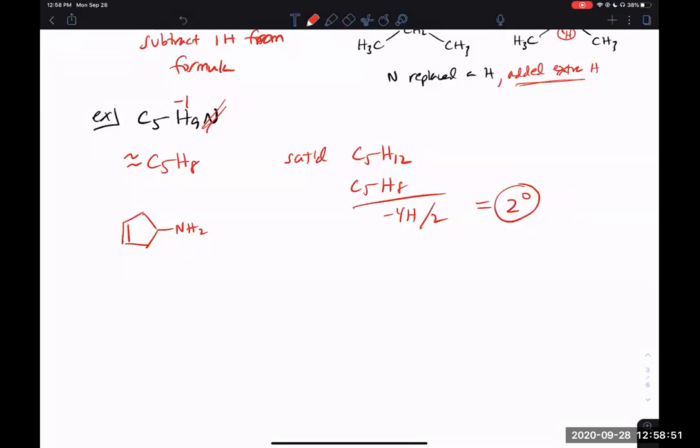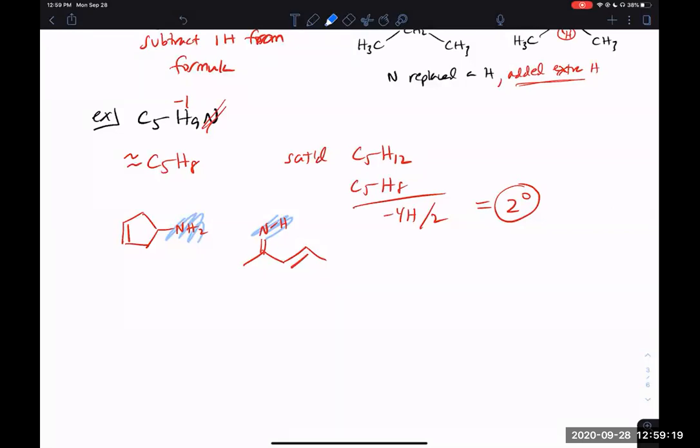Could be this. 1, 2, 3, 4, 5. What if it was a double bond to a nitrogen with 1 H? That's 1 degree, and a double bond there. Those would look different in the IR. In one case, I would have an NH2. The other case, just an NH, right?